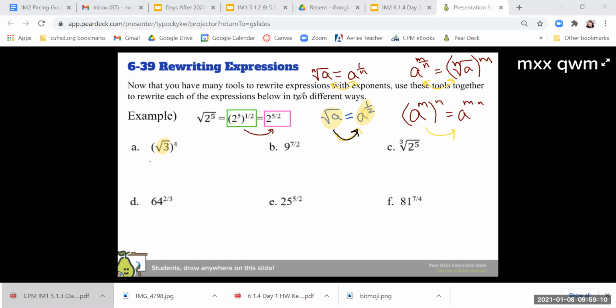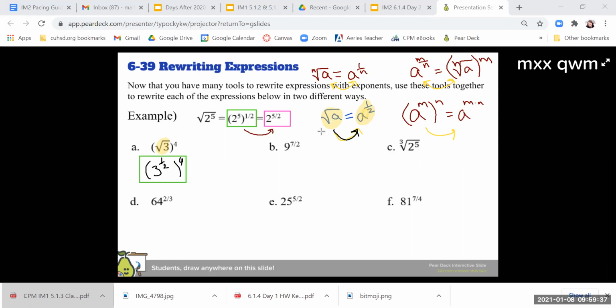So I'm going to leave the exponent the same, the parentheses the same, but I'm going to change the root 3 to be 3 to the 1/2. And now what I have is a new expression that is equivalent to the original one. It's just written in a different format.